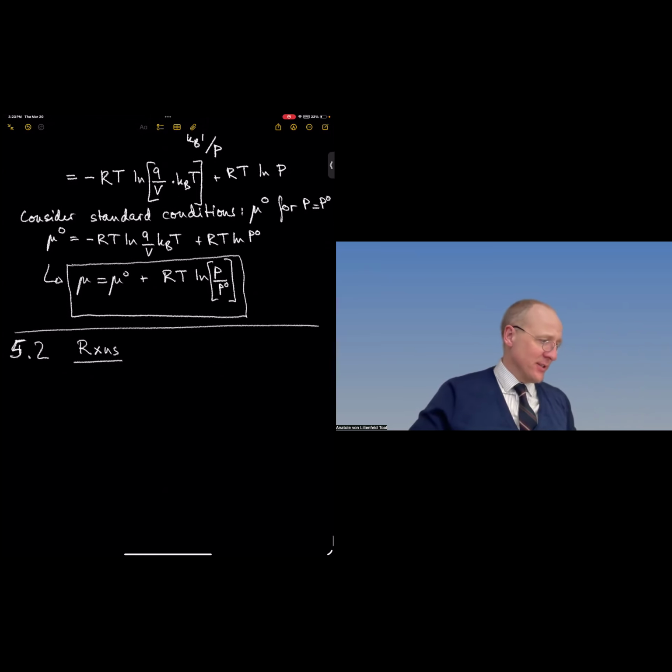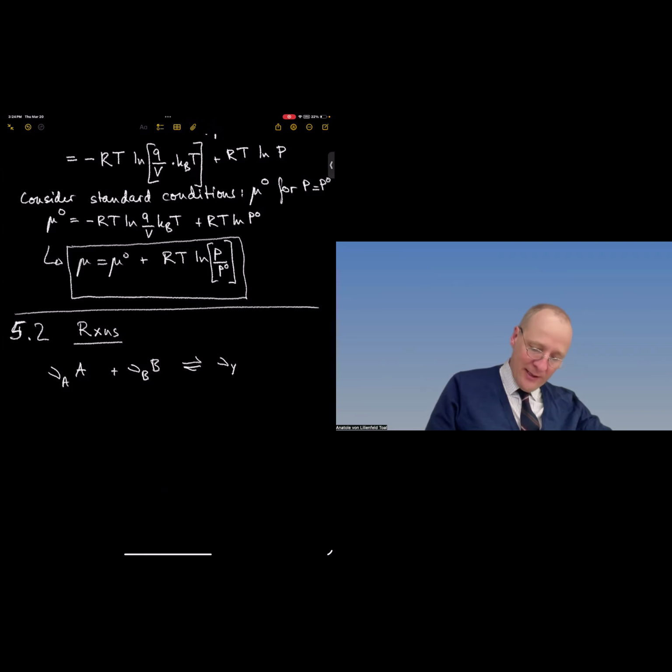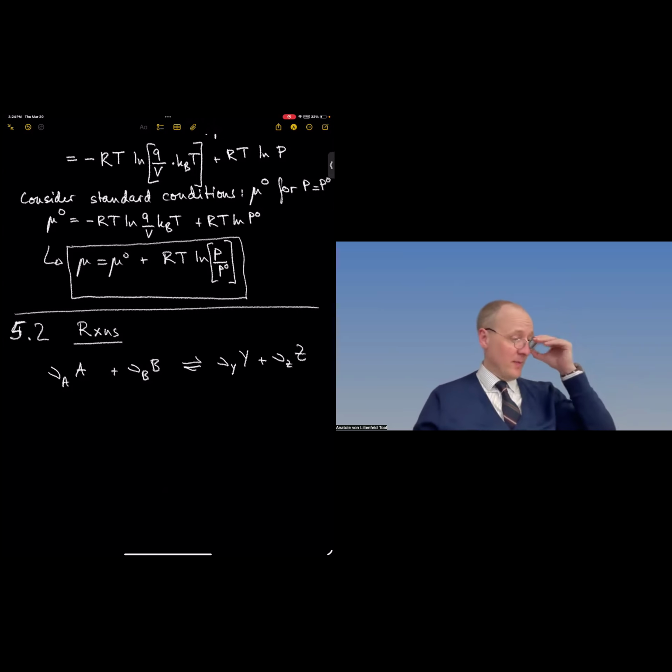So let's just quickly revise the generic notation. We have some stoichiometric factor, nu A, for a component A reacting with some other stoichiometric factor, in equilibrium to some product Y, also with stoichiometric factors, and Z.